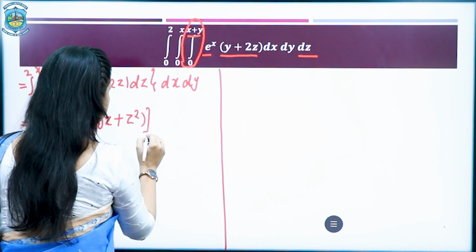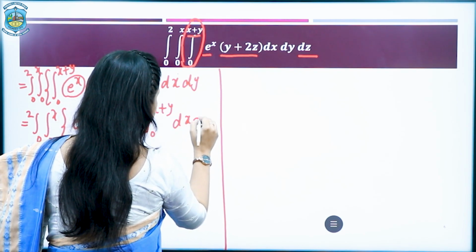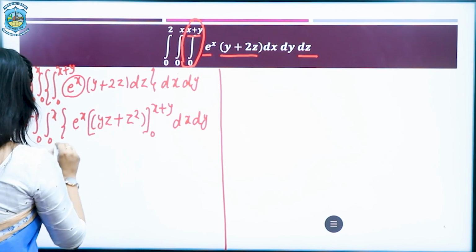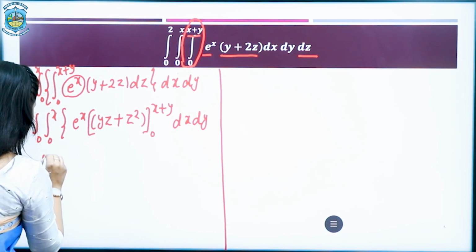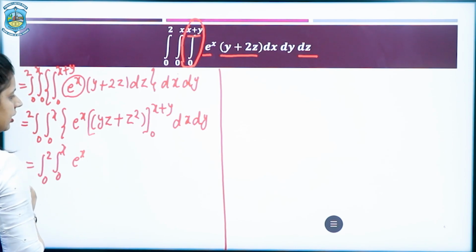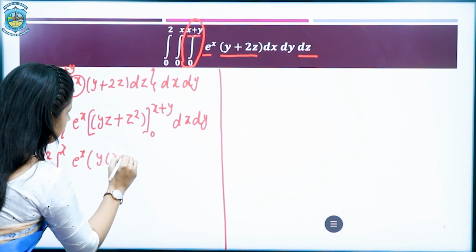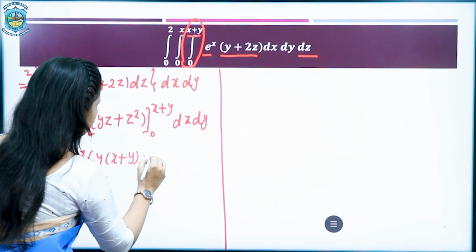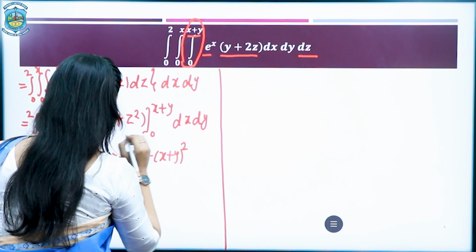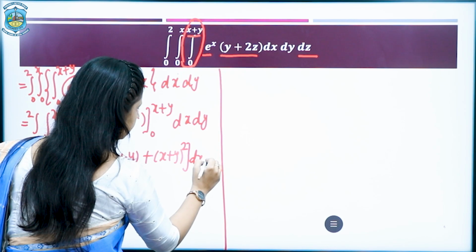Limits are 0 to x plus y, dx, dy. Now, when we apply the limits, integration 0 to 2, 0 to x, this e to the power x as it is. Here we will get y multiplied with x plus y, plus x plus y whole square, dx, dy.